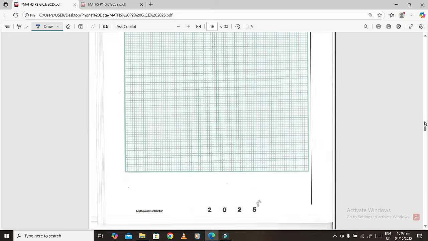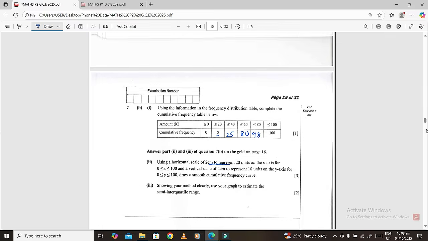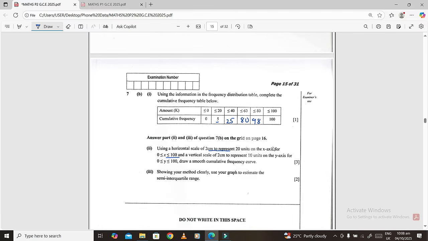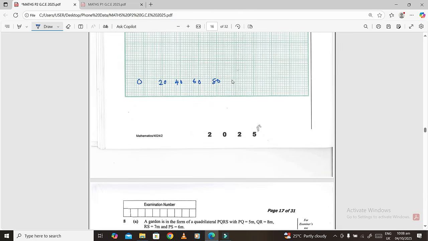So start from here, that's a 0, 20, 40, 60, we're moving in 20s, 80. The scale is showing us that we're supposed to end at 100. So 80, we add the next one, and we're ending at 100.